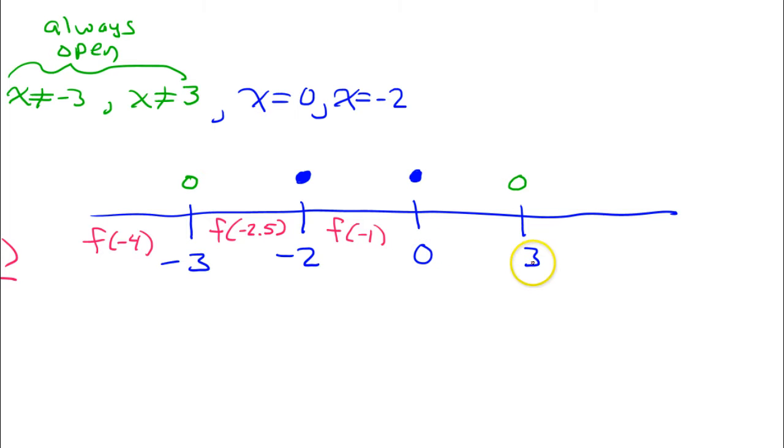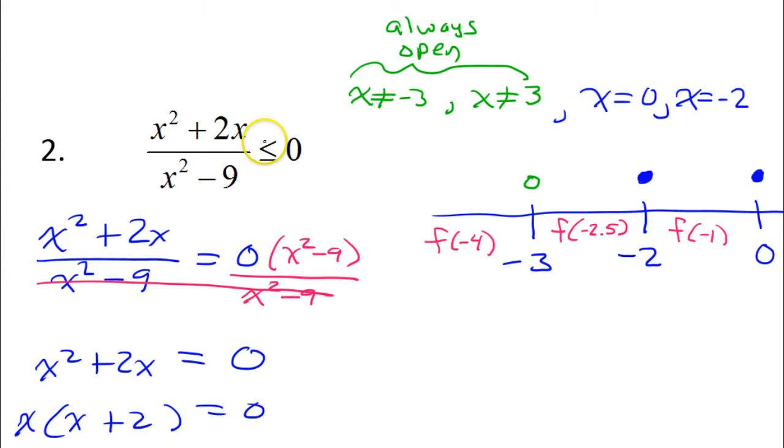Between 0 and 3, I could either use 1 or 2, doesn't really matter. I'll just go ahead and use 1. And to the right of 3, I will go ahead and use 4. So I'm going to do these 5 test values, and in each case I'm going to see where the function is less than or equal to 0. Really just less than 0 because the dots themselves are where the function is equal to 0.